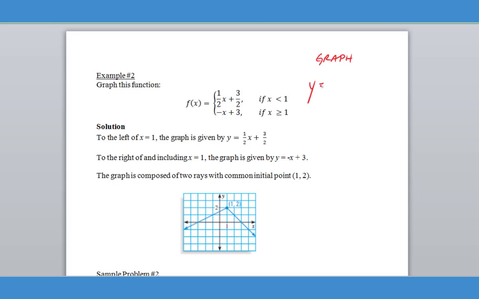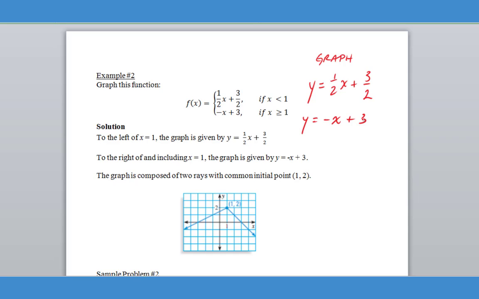And so I'm going to graph 1/2 x plus 3/2, and then I'm also going to completely graph negative x plus 3. Now, if you're doing this on the computer, the method that I'm suggesting can be a little bit difficult, because I'm going to graph the entire line, and then I'm going to erase the part that I don't want.